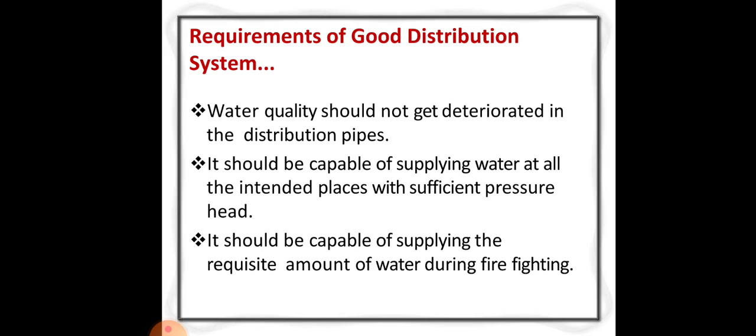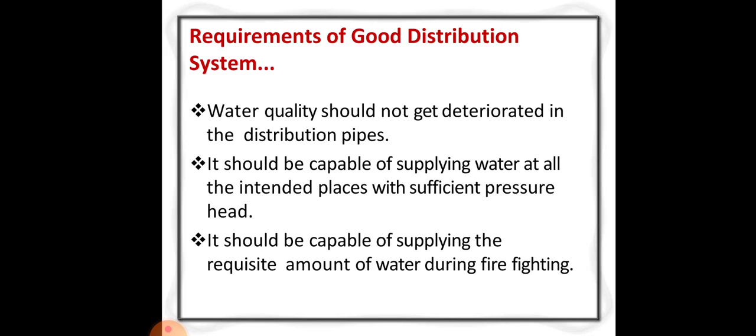So the distribution system should maintain the purity of the water, and for this reason it should be completely watertight, and also it should be very easy to maintain and operate. It should not be a complicated process to maintain it, and also water should be available even during a breakdown. So suppose there is a breakdown period, even at that point there should be availability of water for distribution among the consumers.